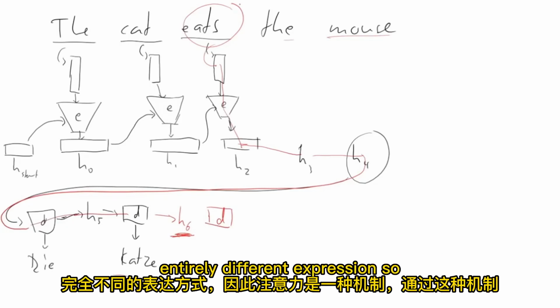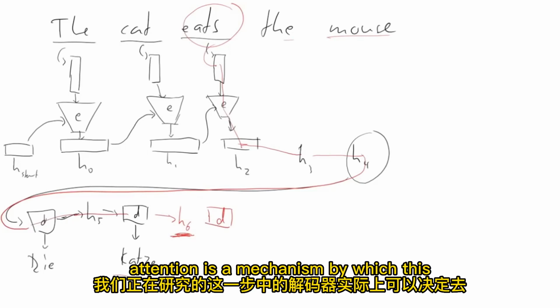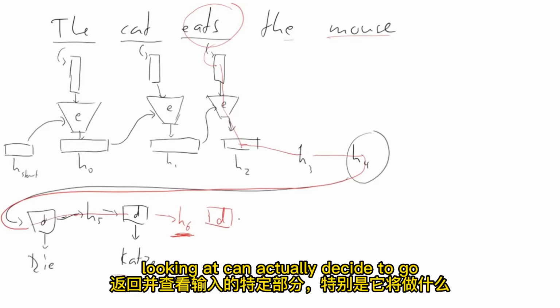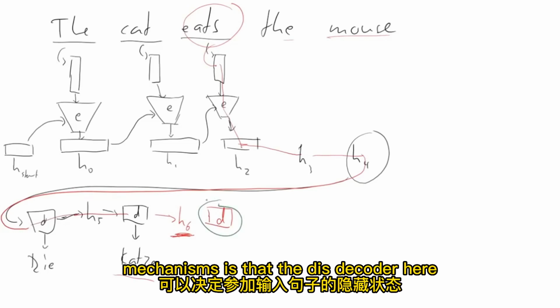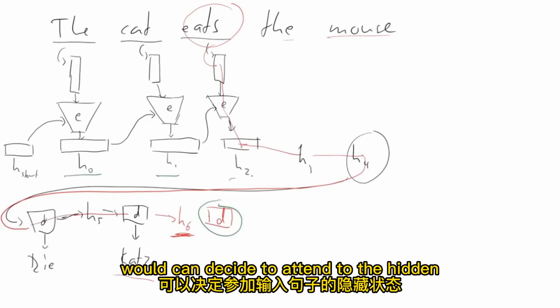So attention is a mechanism by which this decoder, in this step that we're looking at, can decide to go back and look at particular parts of the input. What it would do in popular attention mechanisms is that this decoder can decide to attend to the hidden states of the input sentence.